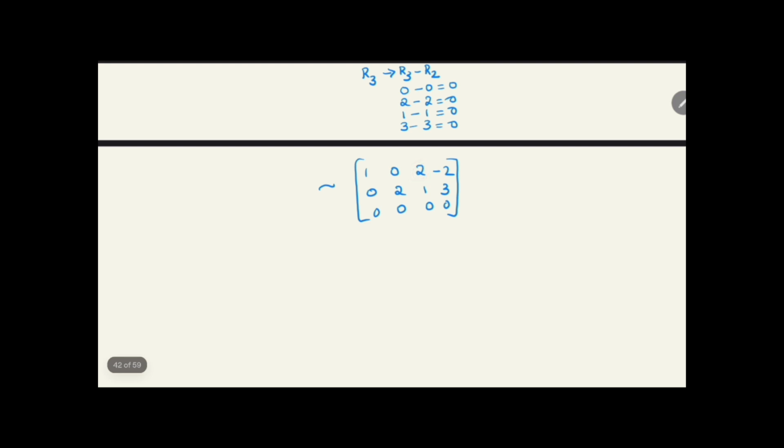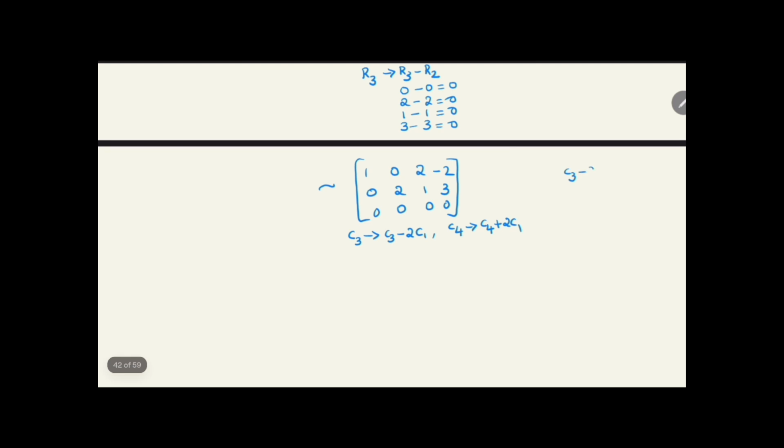So I will write the operation here. Column 3 implies column 3 minus 2C1. In the same way, C4: this is a negative number, so I should add C1, that is C4 plus 2C1.